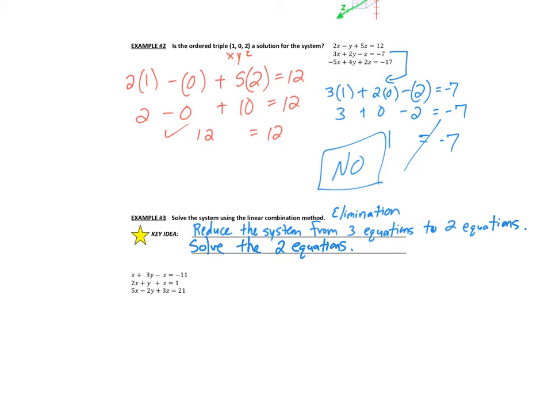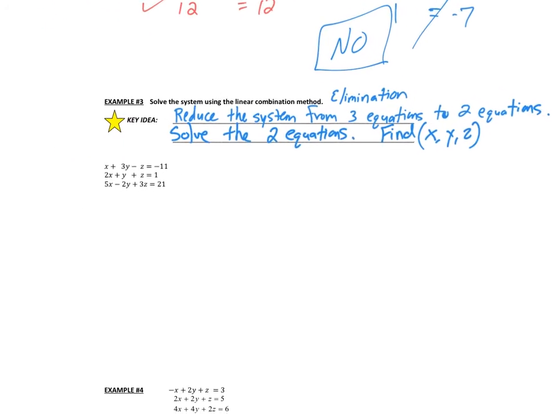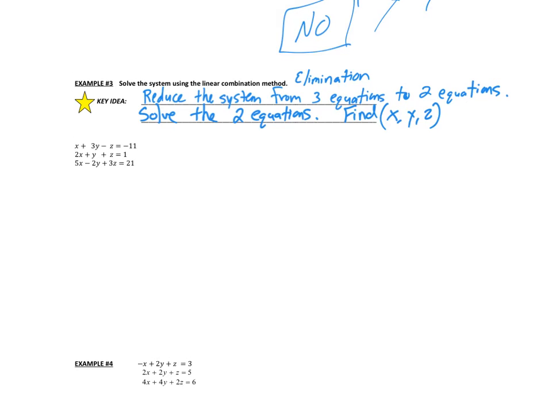Then we're going to solve the 2 equations, and we're going to find x, y, and z. The answer is going to be an x, y, and a z. So basically we're going to try to get it down to 2 equations and then solve the 2 equations because we know how to do that. And then we're going to try to get x, y, and z.